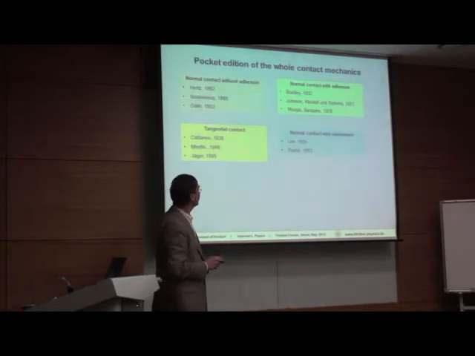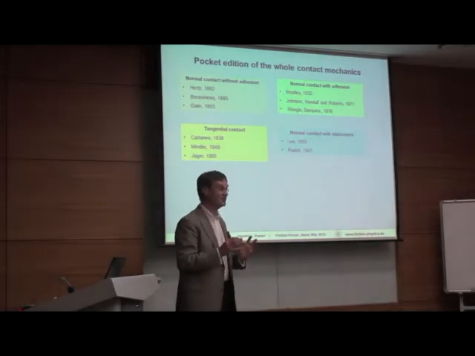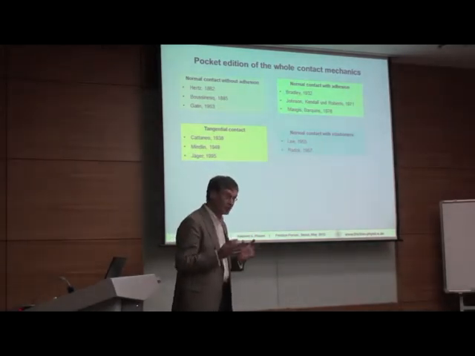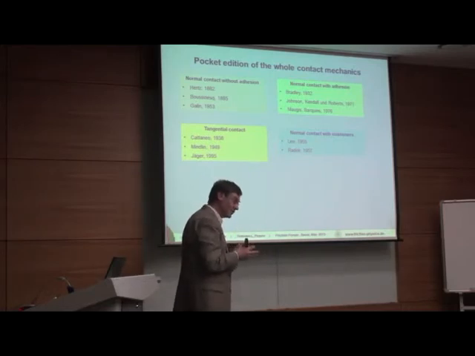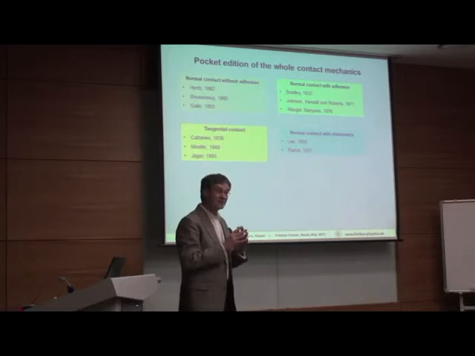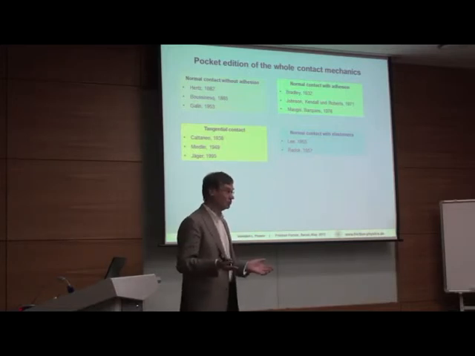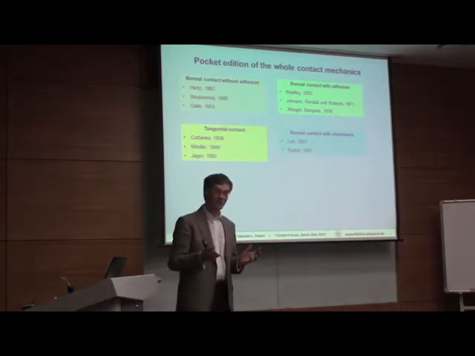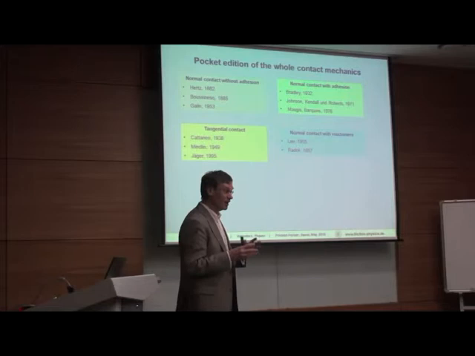I can generalize this part: as a matter of fact, this method of dimensionality reduction for bodies of revolution does nothing new. Everything is known, but it is a pocket edition of the complete contact mechanics.